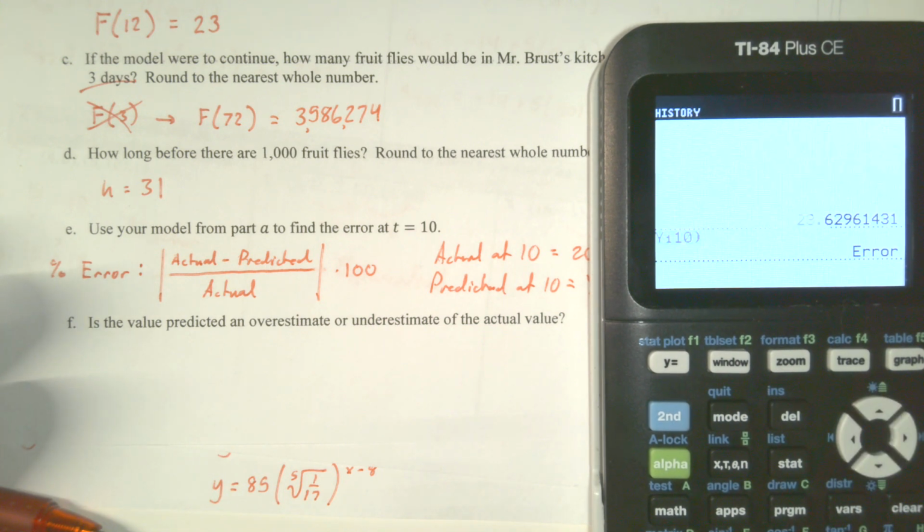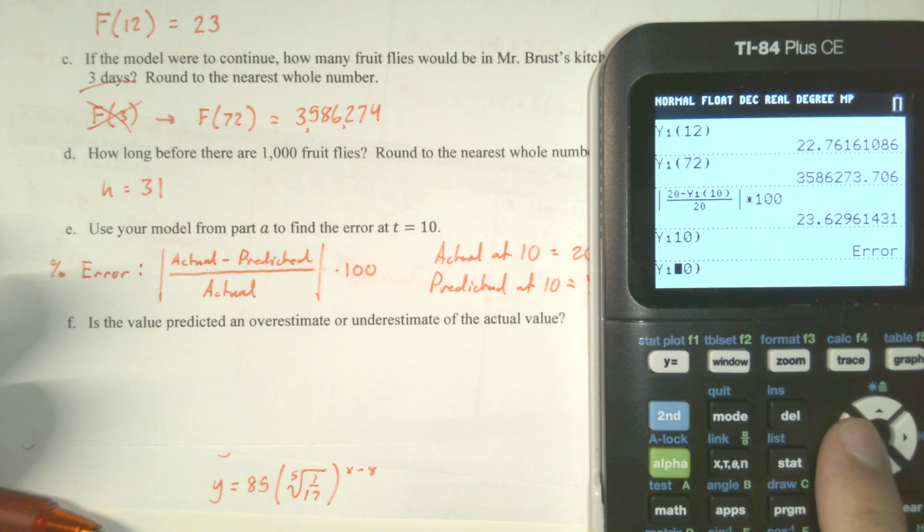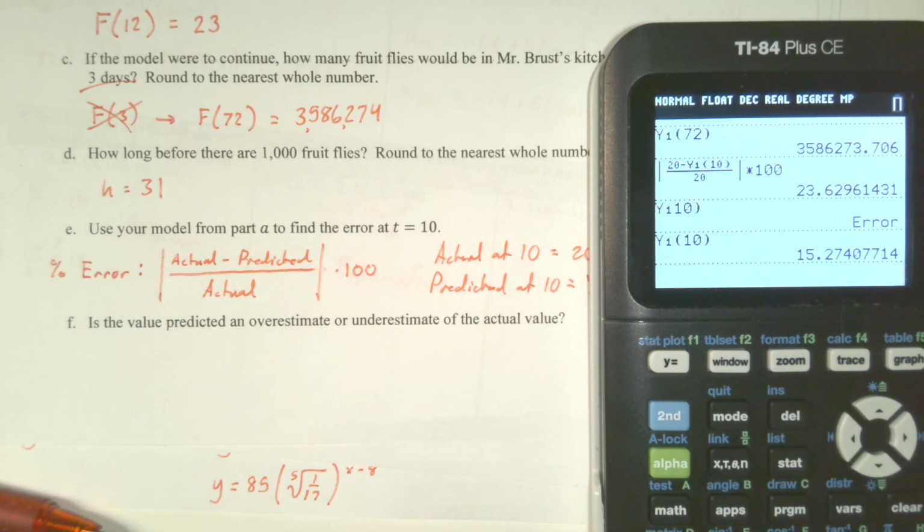Oh, sorry, messed that up. So our actual was 20, but our predicted value, according to the function that we made, was 15.27. So it makes sense that it's about a 23% error. 25% would have been 15.